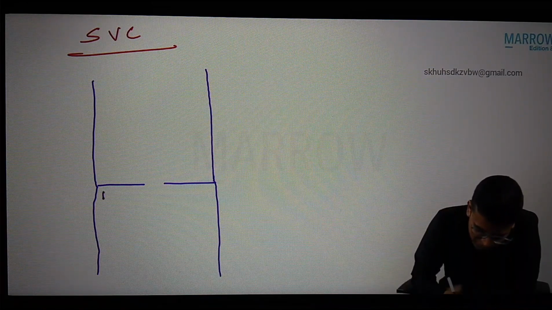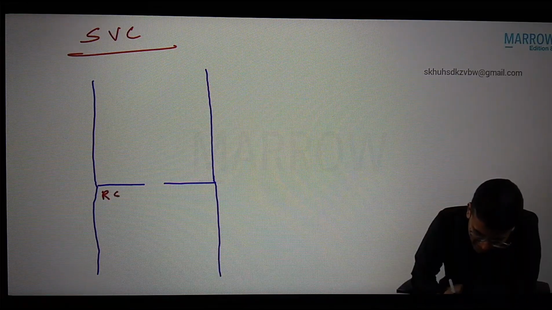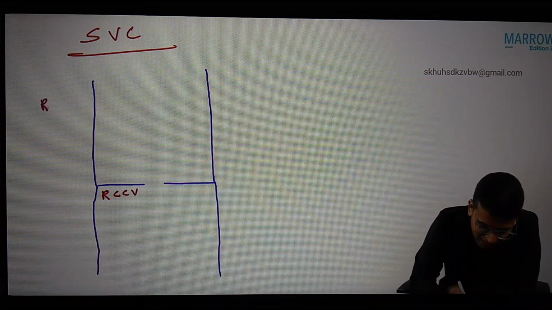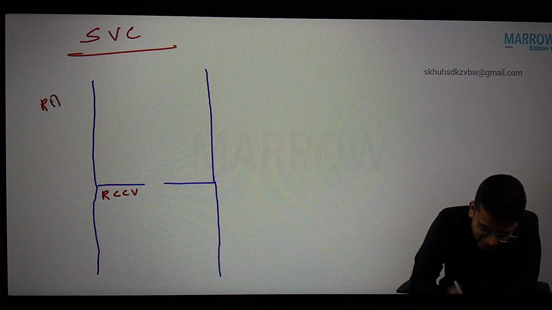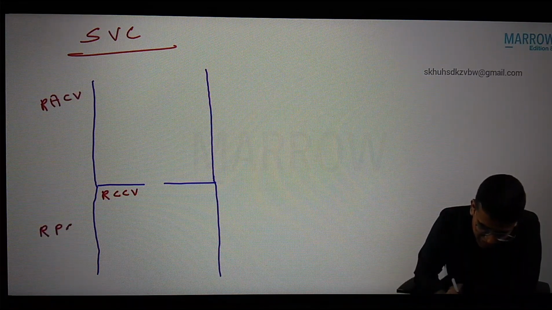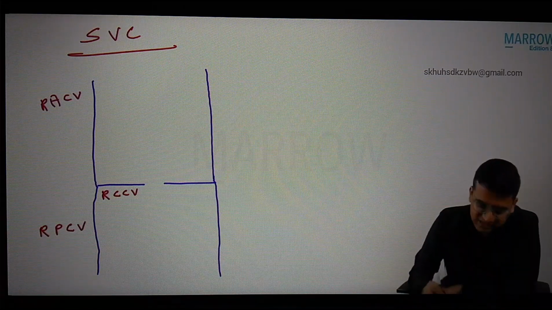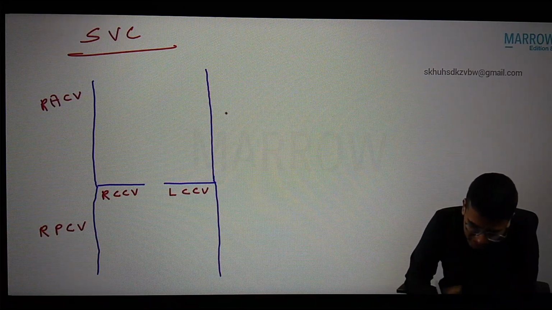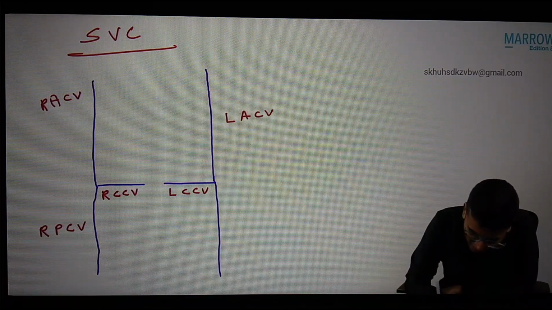So now, this is the right side common cardinal vein. And this is the right side anterior cardinal vein. This is the right side posterior cardinal vein. Similarly, this is the left side common cardinal vein. This is the left side anterior cardinal vein.